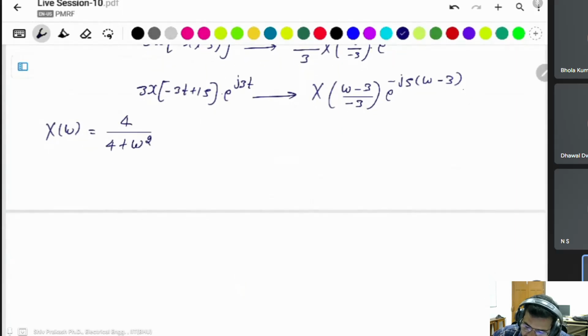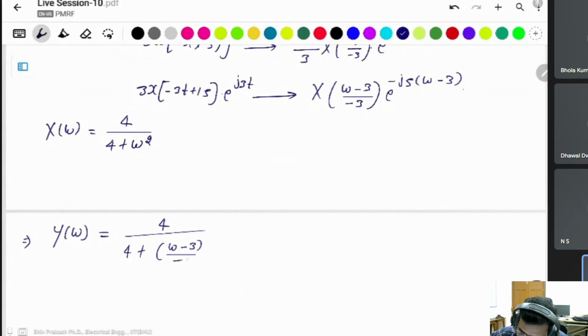Then put omega equal to (omega minus 3) divided by minus 3, and an extra term e to the power of minus j 5 (omega minus 3) you have to multiply in this case. Then Y(omega) is equal to 4 divided by 4 plus ((omega minus 3) divided by minus 3) square, into e to the power of minus j 5 (omega minus 3).